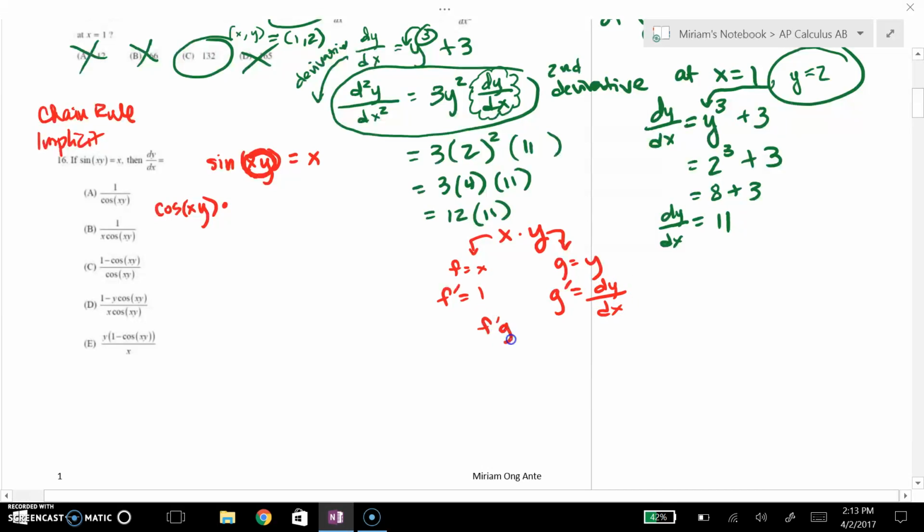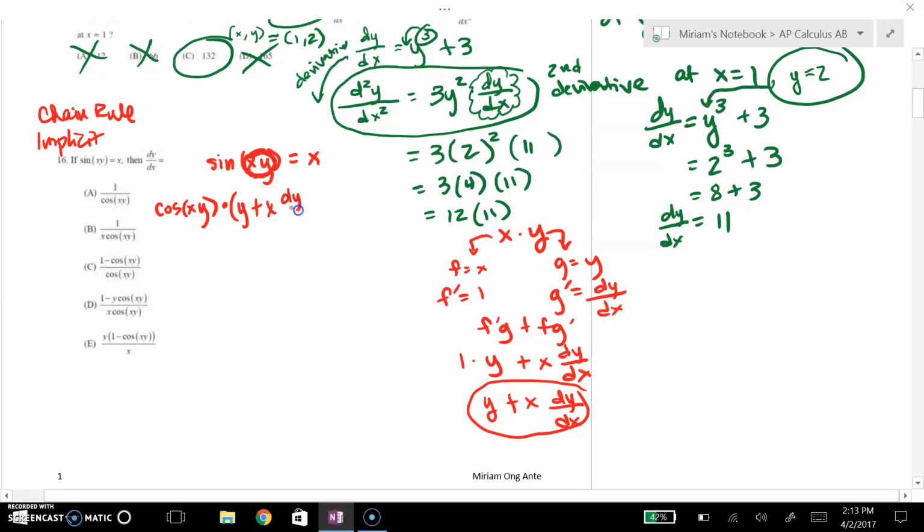Put it back together. Make it simpler looking. And this is what I'm going to have to multiply to cosine xy. So again, we use the chain rule and we use implicit differentiation here. Equals, the derivative of x is 1.